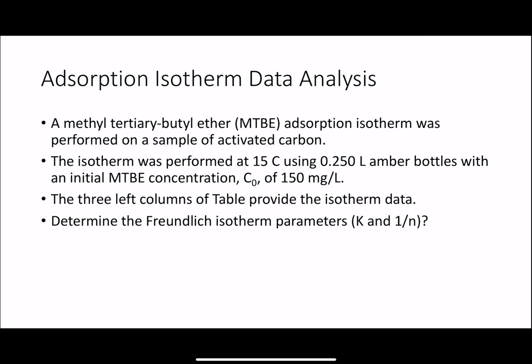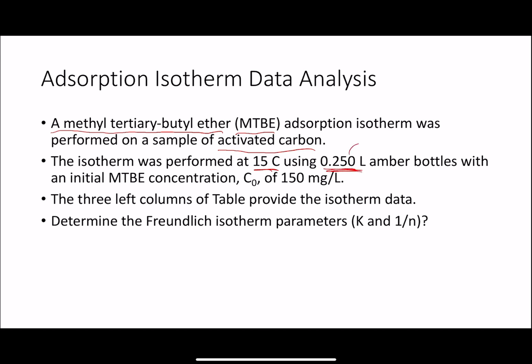So we will look at this example and we'll try to solve it. Methyl tertiary butyl ether, MTBE. Adsorption was performed on a sample of activated carbon. The isotherm was performed at 15 Celsius using 0.25 liters.